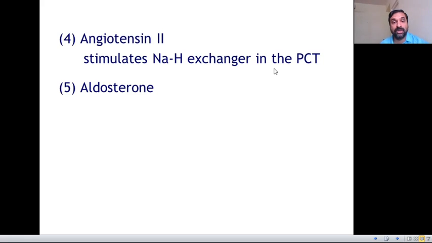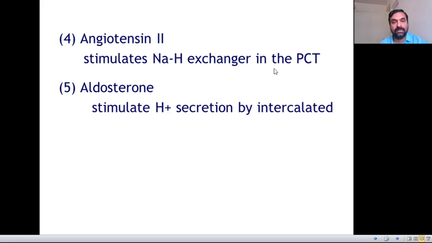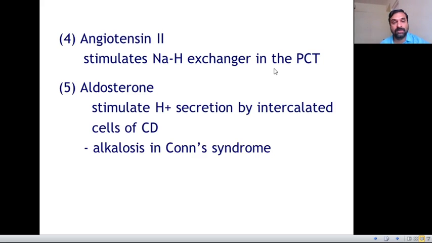Then aldosterone. It stimulates H plus secretion by intercalated cells in the collecting duct. Okay, so there will be alkalosis in Conn's disease, Conn's syndrome, because of this mechanism.